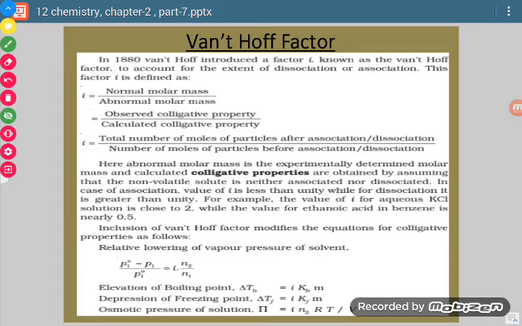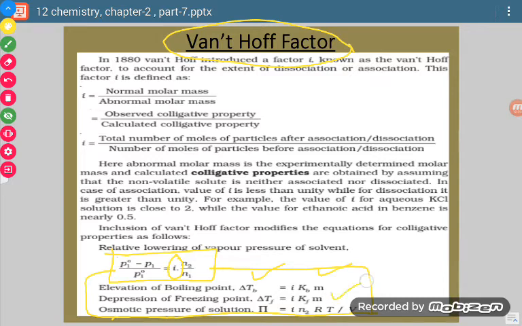Now see, if we have to involve the Van't Hoff factor, then whatever relations we have deduced in the case of colligative properties, we have to just put i on the right side. So just like elevation in boiling point was delta Tb is equal to Kb m, we will be writing i Kb m.